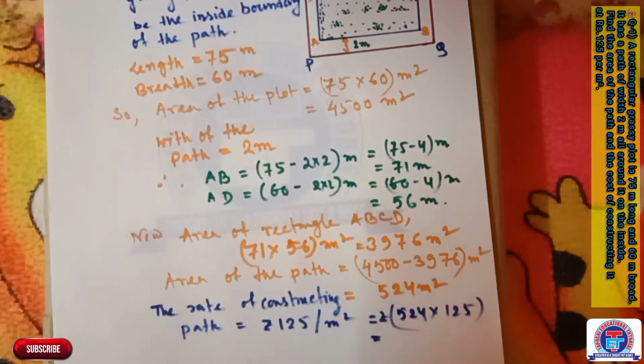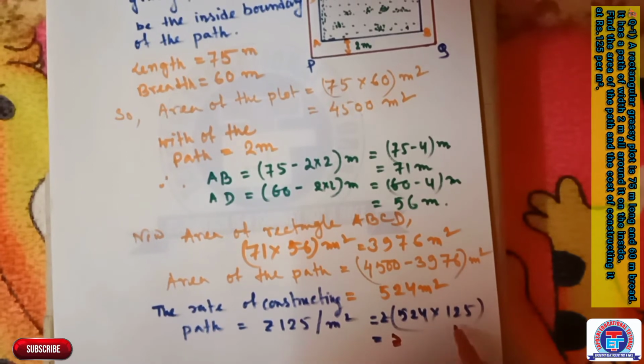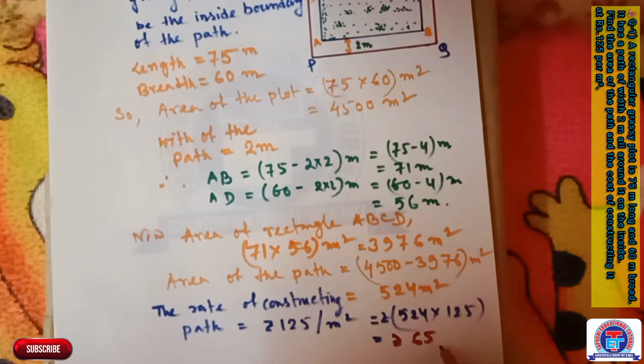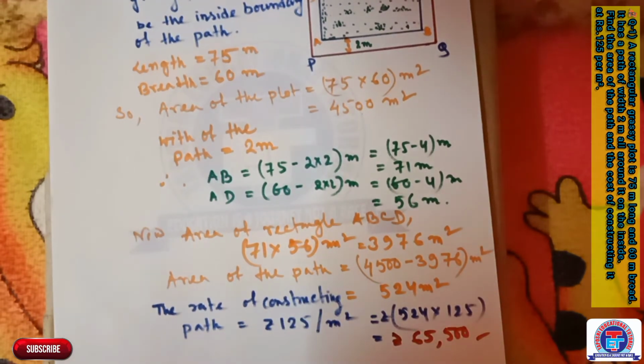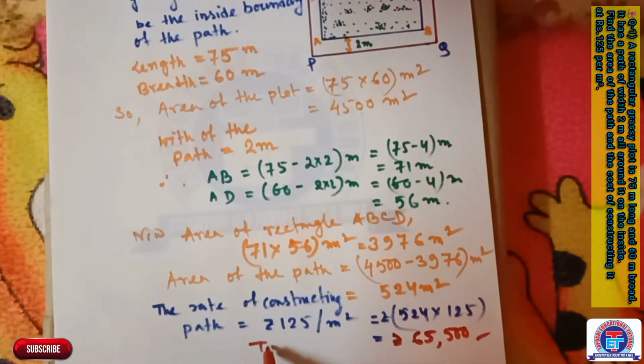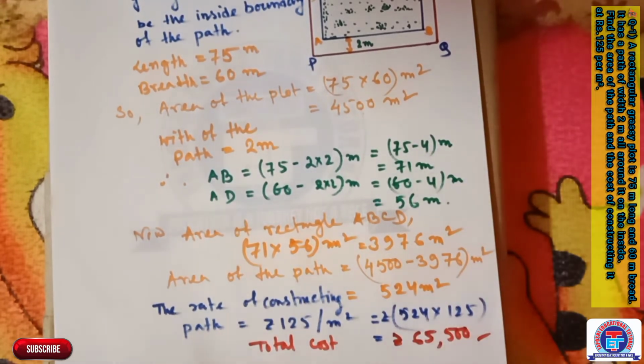If we multiply this properly, the answer will be rupees 65,500, right? So this is the total cost of constructing the path, correct?